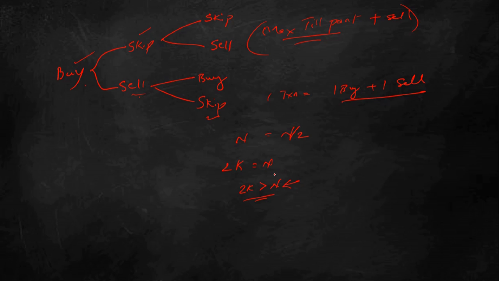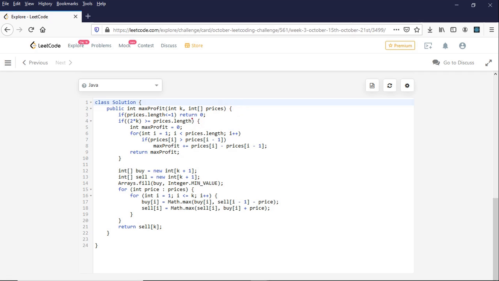So let's look into the algorithm. The first thing that we have to check is if the prices length is less than or equal to 1, then we can directly return 0. The second point, as I mentioned earlier, is if 2 times k is greater than or equal to prices.length, then we can assume that it's an infinite number of transactions.